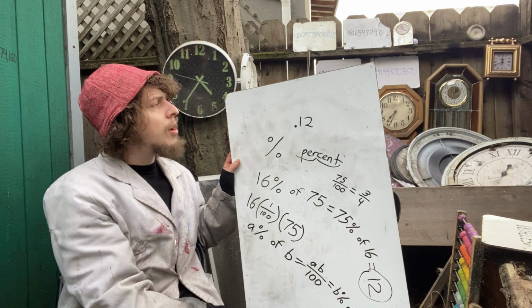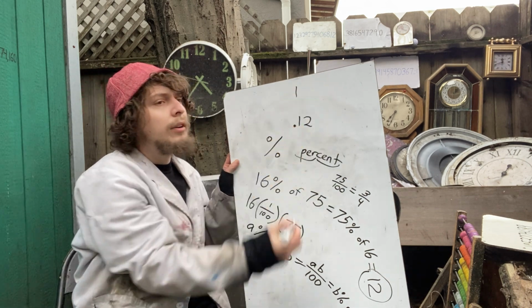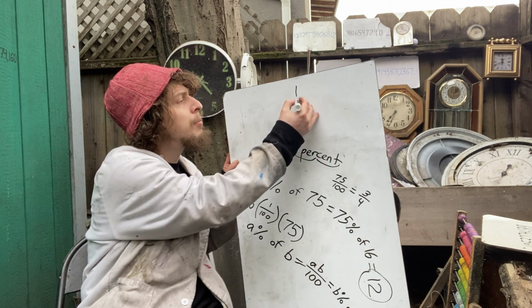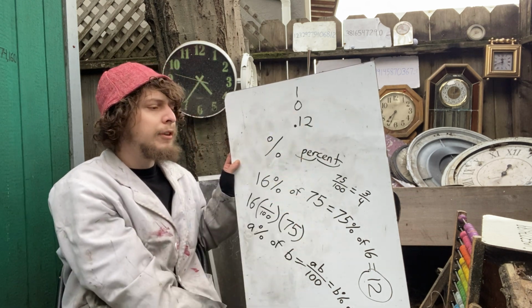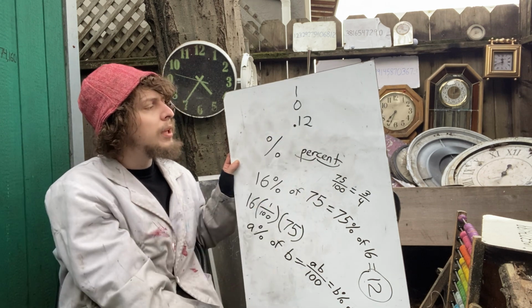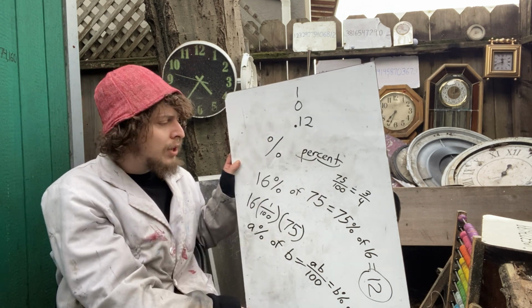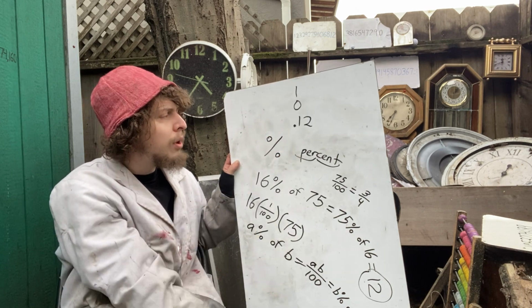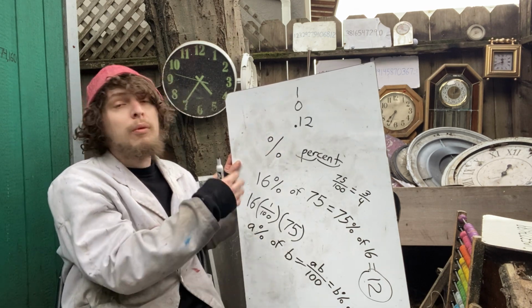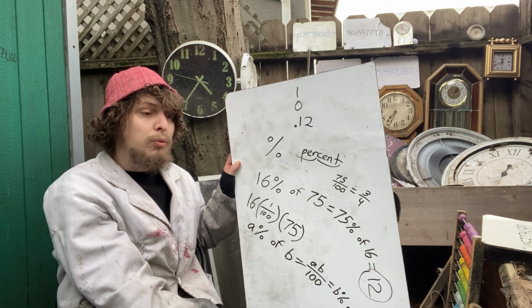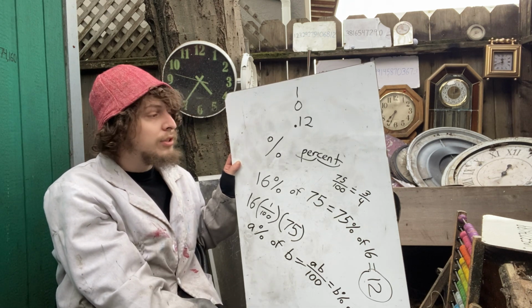We can say that something has a probability of 1 of happening if it's certain to happen. Something has a probability of 0 of happening if it's impossible. And something can have a probability in between those, such as 0.12 representing what we might know as 12%, or basically a 12 out of 100 chance of happening.